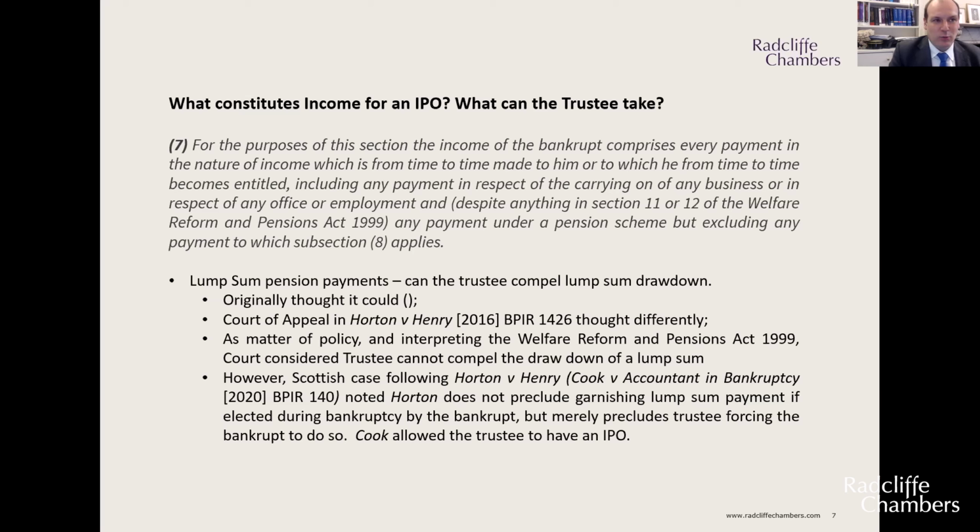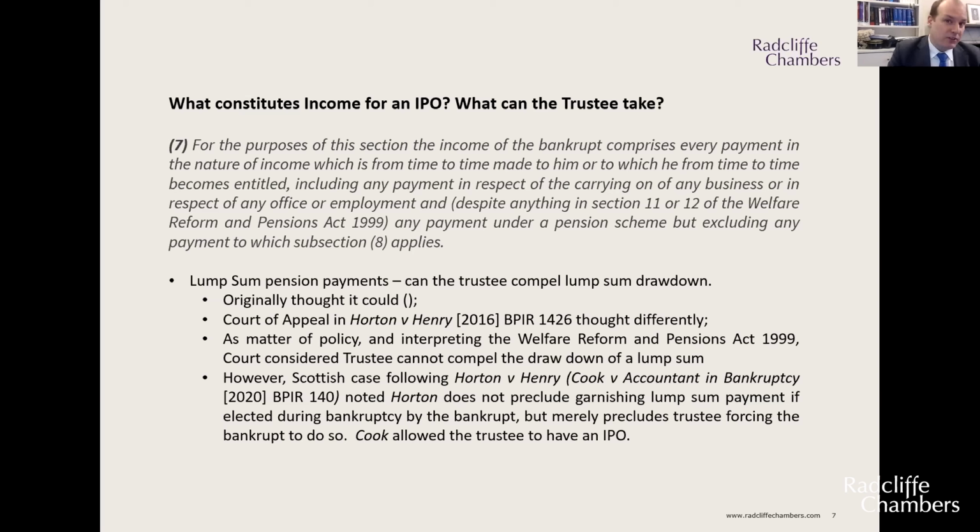Under the Welfare Reform and Pensions Act, the trustee does not have the right to compel a bankrupt to take a lump sum payment out of a pension. They can only take an IPO over periodic payments coming out of the pension that the bankrupt has already willingly decided to draw down or is drawing down just by contractual right.